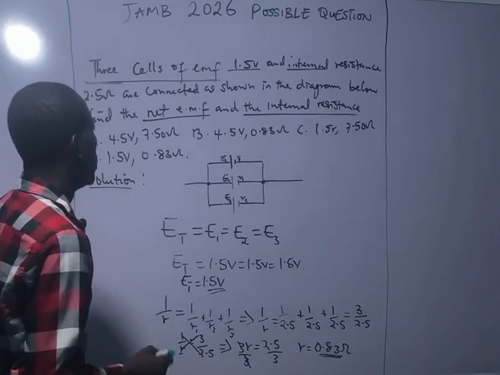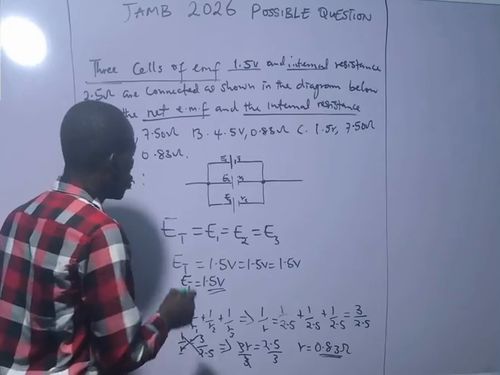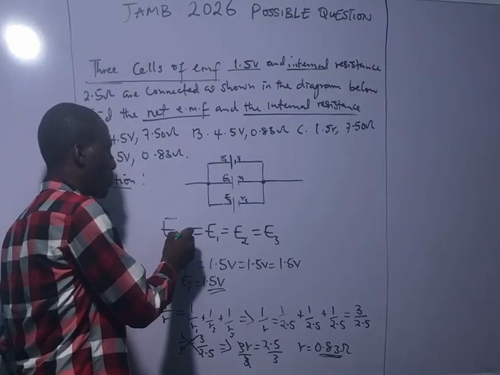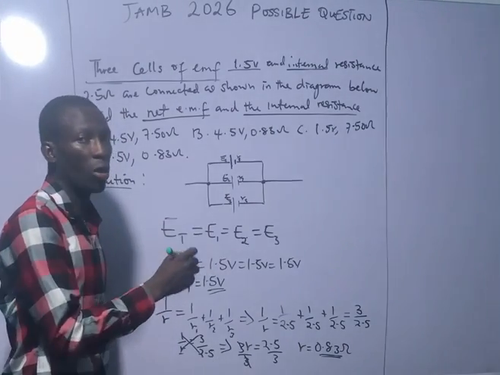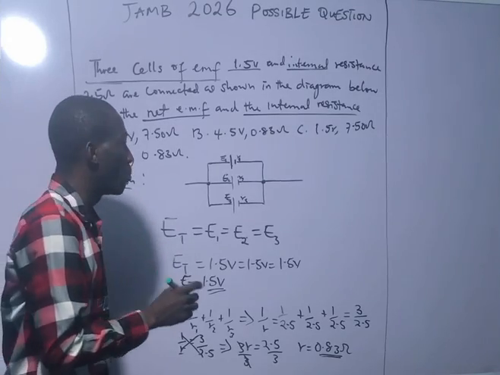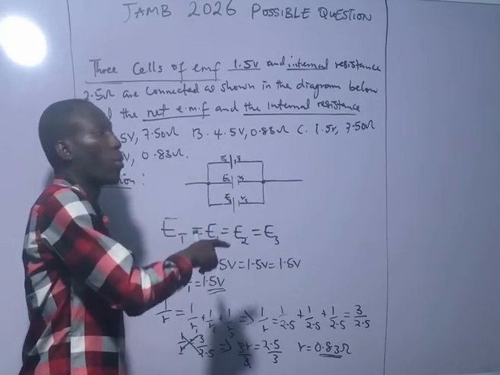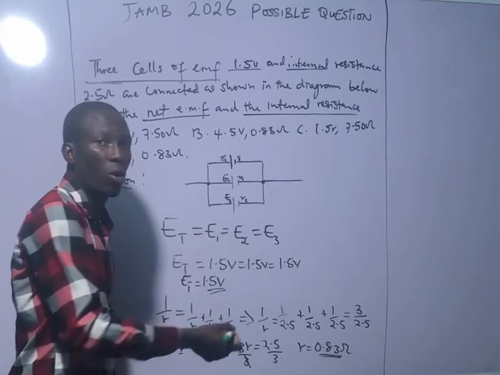Remember that what we did in the first place was to note that when you have a cell, that's your voltage, your potential difference, your EMF, provided that the connection is in parallel, each of the cells will be equivalent.